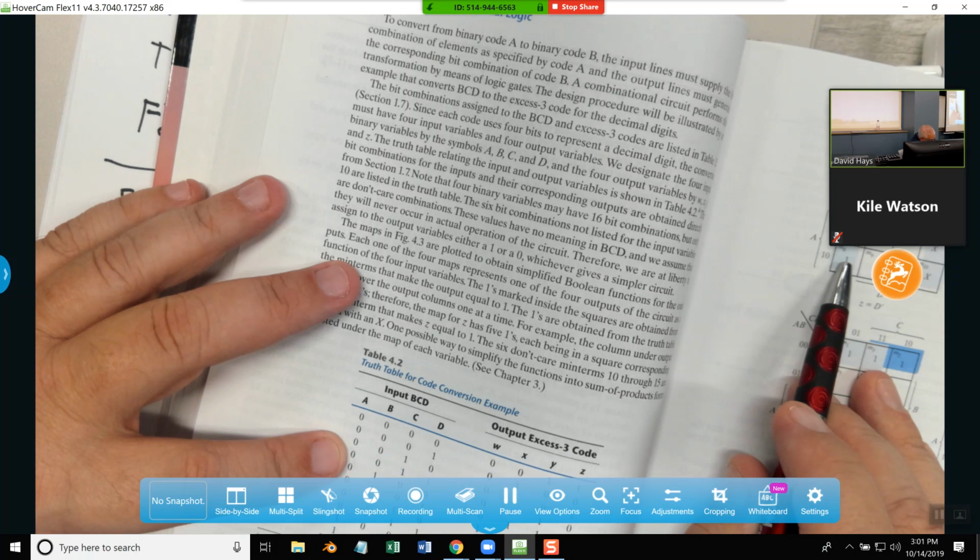This one gives us a 1 here, which would be 0, 0, 1, 0. That would be this one right here. Next one that gives us 1 is 0, 1, 0, 0, which will be the 1 there.